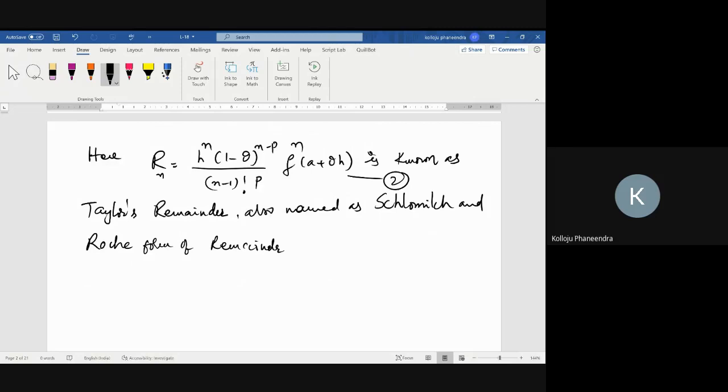Next one. Here are the cases. Coming to case 1. If p equal to 1, p is a positive integer. Let me take p equal to 1.